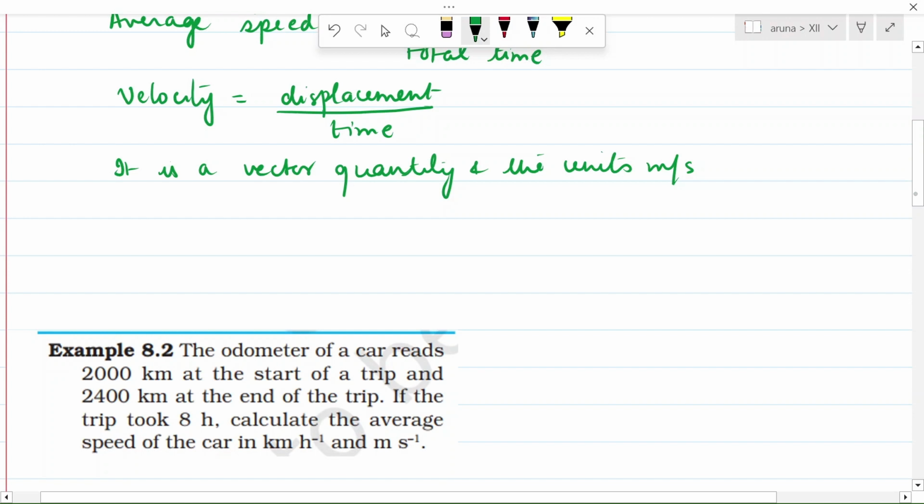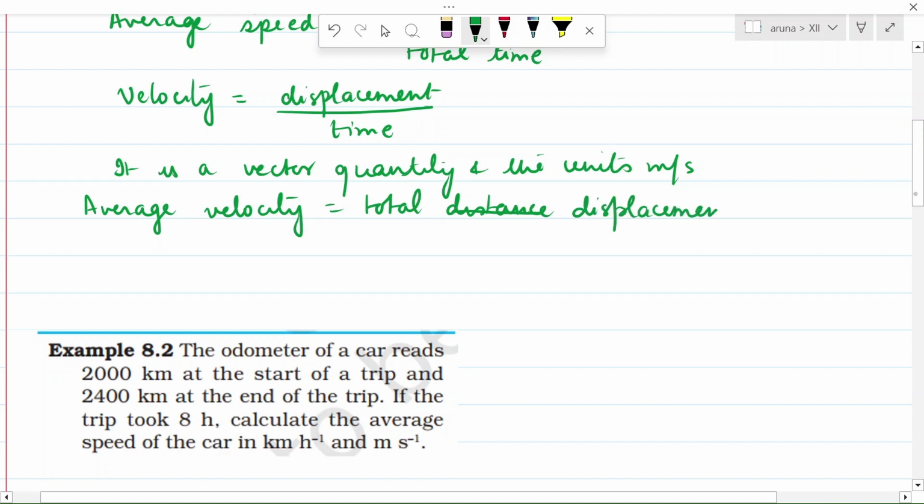Again, we also have average velocity, just like average speed, which is equal to total displacement upon total time.